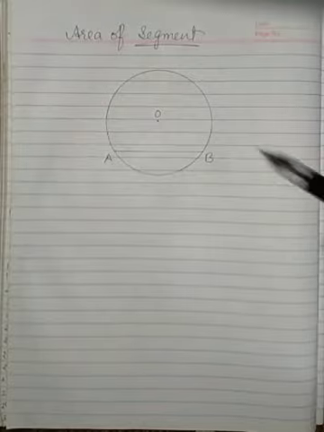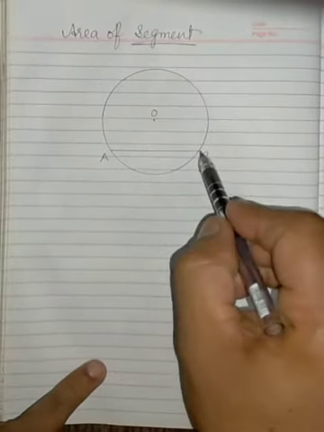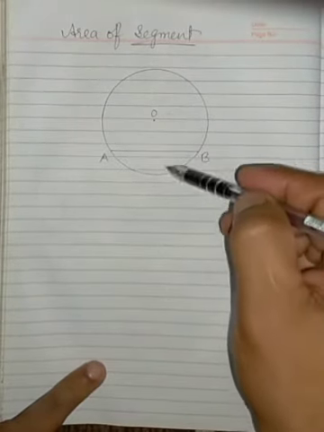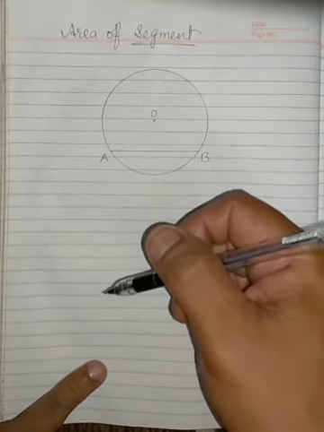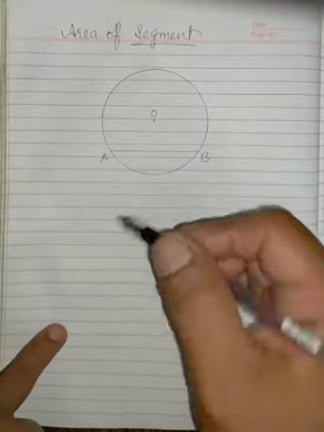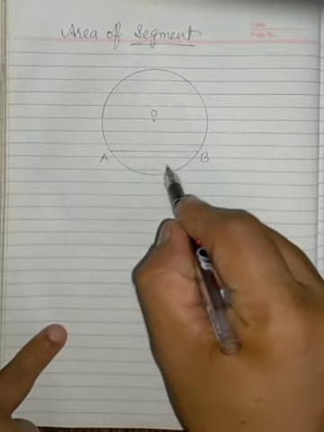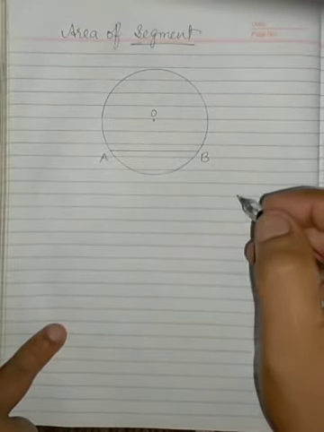So as we know that a chord in a circle divides the circle into two parts, and each part is called a segment of the circle. Now suppose we have to find out the area of this segment, the minor segment of AB.